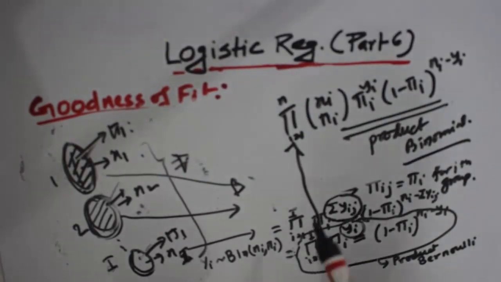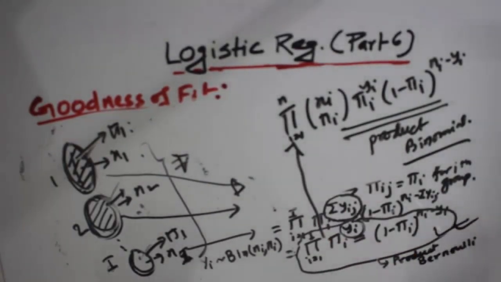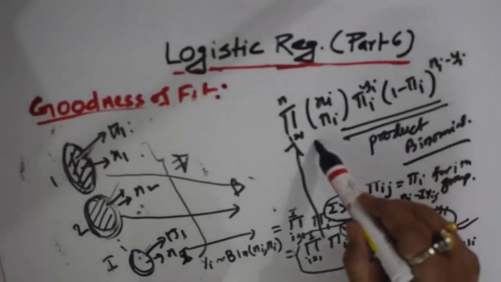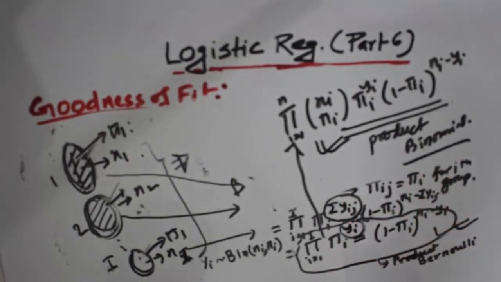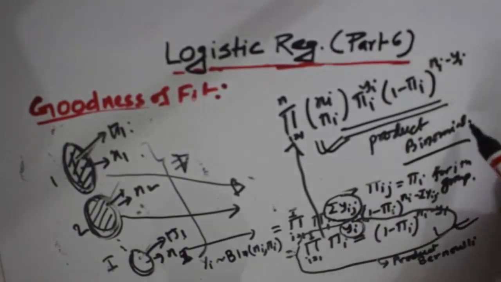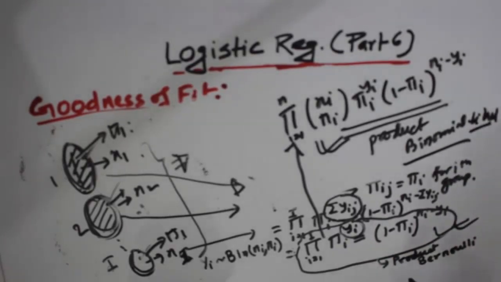This is called product binomial likelihoods, and this is product Bernoulli likelihoods.